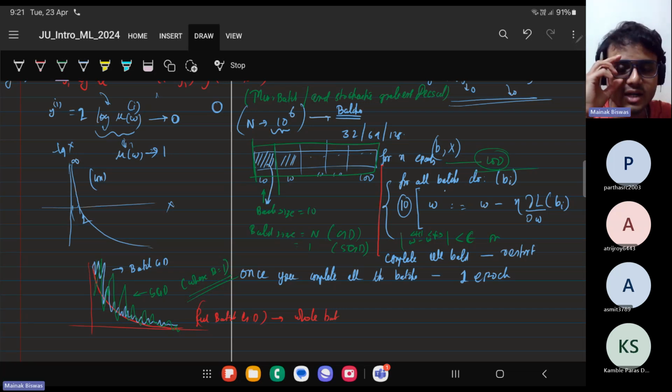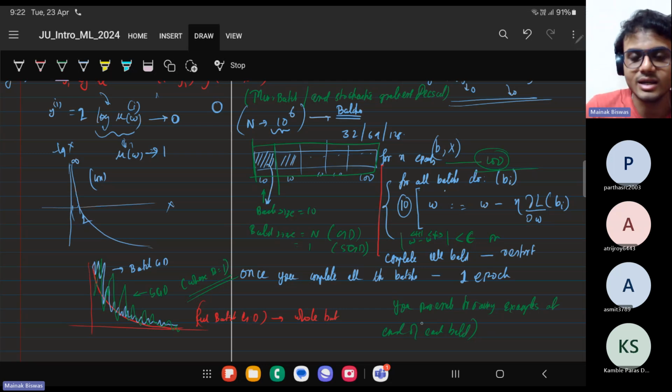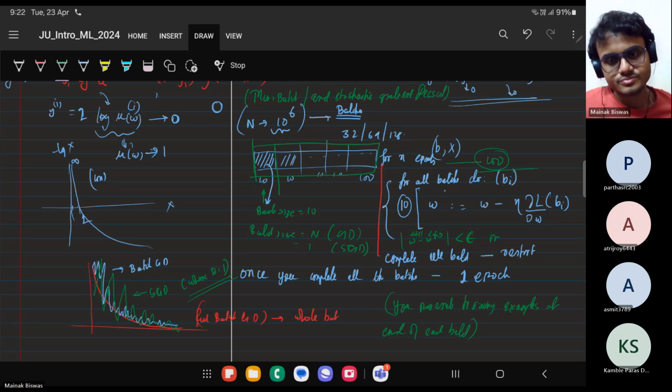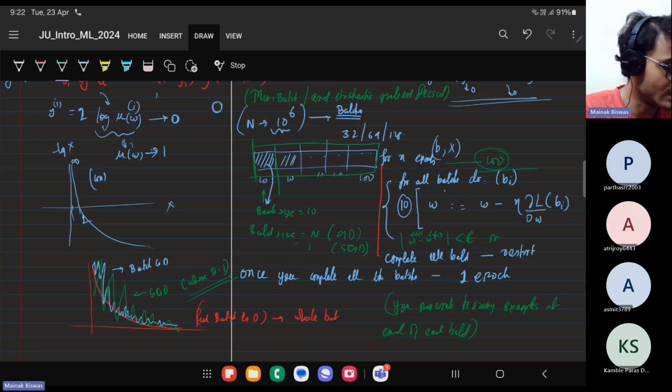Normally, before you do the batch gradient descent, to prevent repetition, you permute the training examples at the end of each epoch. Once you permute them, you will have different sets of x, y, so you will not have the same batch contents. That will reduce your stochasticity. So these are all design rules.